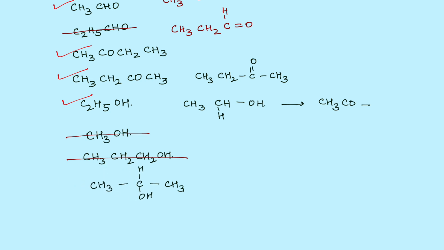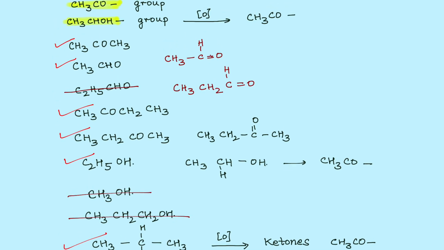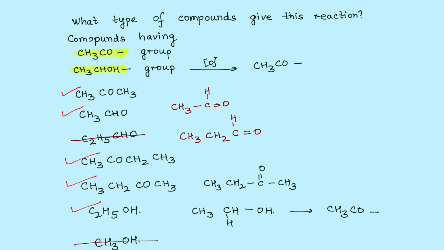Remember, we said that secondary alcohols are oxidized to ketones, right? And that will again bring us to the CH3CO group. Correct? That means do I put a tick or a cross? Correct. And there we have the concept of iodoform reaction.